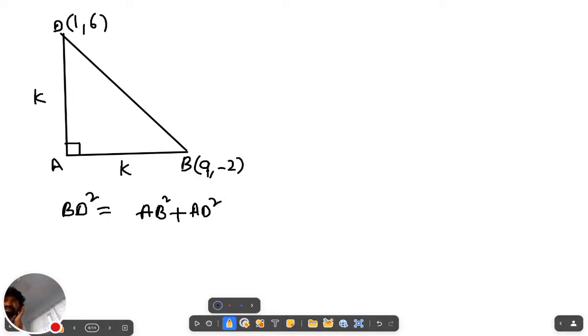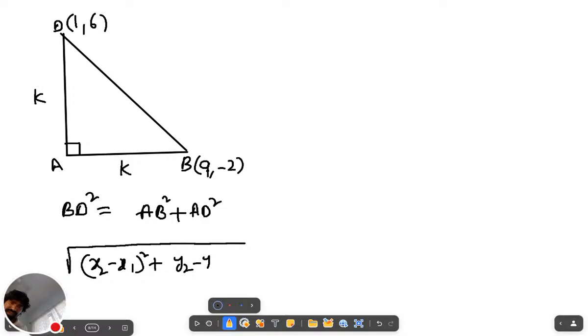So what is the length of BD? Let's apply the distance formula. Under root of x2 minus x1 whole square plus y2 minus y1 whole square. So this is the length of BD. Now we need BD square, so we take the whole square.